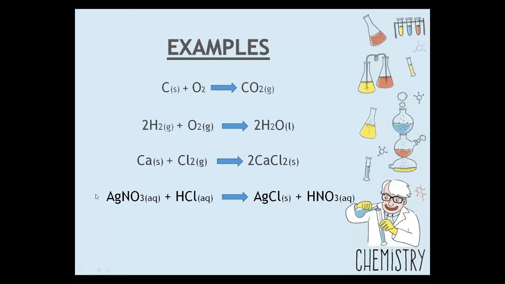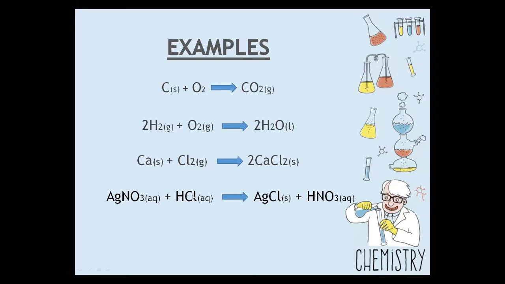Another example is AgNO3, silver nitrate, which is an aqueous solution. It reacts with hydrochloric acid, HCl, which is also in aqueous solution. AgNO3, silver nitrate, is in aqueous form. HCl is in aqueous solution.